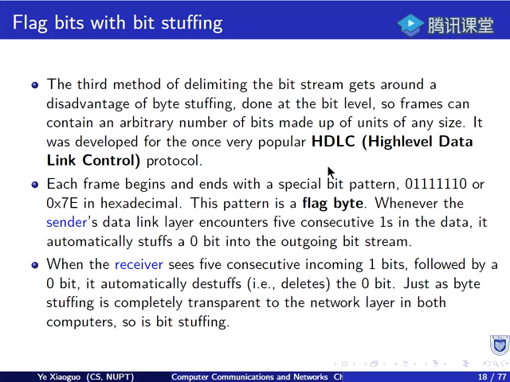Then the third one is flag bits with bit stuffing. This is the third method of delimiting the bit stream. It gets around a disadvantage of byte stuffing by working at the bit level, so frames can contain an arbitrary number of bits made up of units of any size. It was developed for the once very popular HDLC protocol, which means high-level data link control.